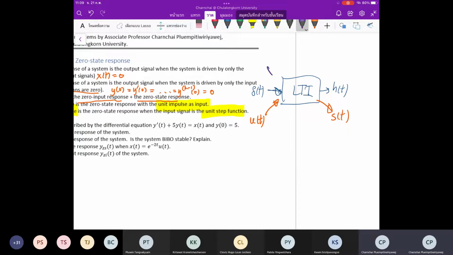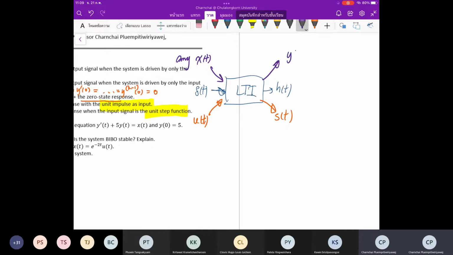And if the input is any x(t), the output y(t) would be h(t) convolved with x(t). So remember these pictures.